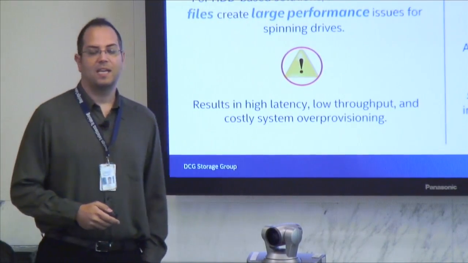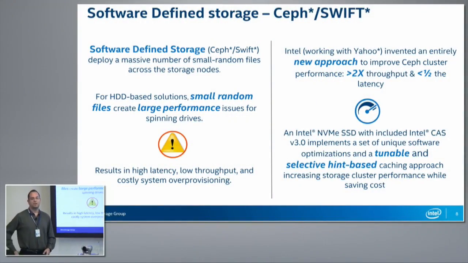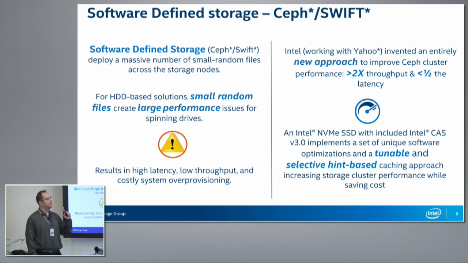Okay, so the use case that we're talking about with software-defined storage basically is when you have a lot of small files that you need to deploy across your SDS. So whether it's Ceph or Swift, whatever you have, you'll see a little bit more about the particular files that I'm talking about.